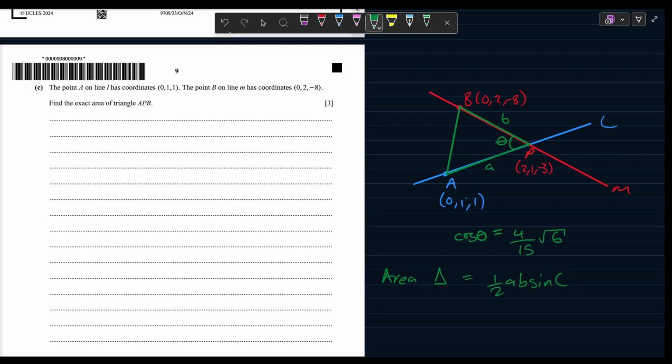So if we can find the length of AP and the length of BP, we already know that cos theta is 4 root 6 over 15. So we should be able, in fact, let me just write this as sine theta. So we should be able to find sine theta.